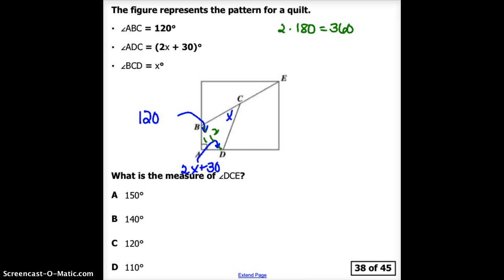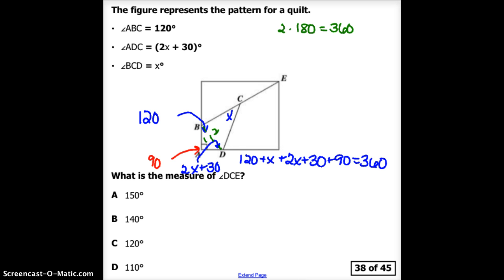What I'm going to do is take all of the angle measures I have, remembering that they gave me this right angle here, which is 90 degrees, and I'm going to make an equation that's equal to 360. So I have 120 plus x plus 2x plus 30 plus 90 equals 360.